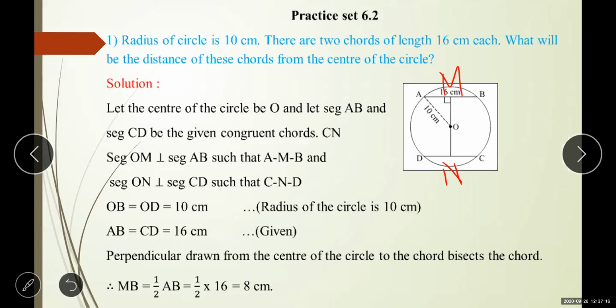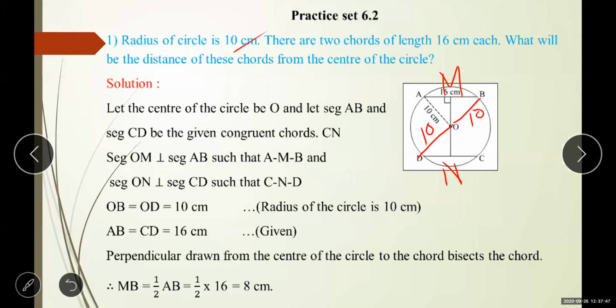So OB is equal to OD is equal to 10, because the radius of the whole circle is given as 10. So OB is 10 and OD is also 10. Radii of the same circle.